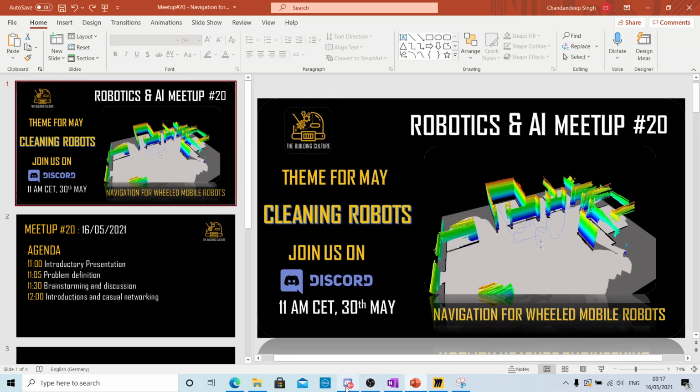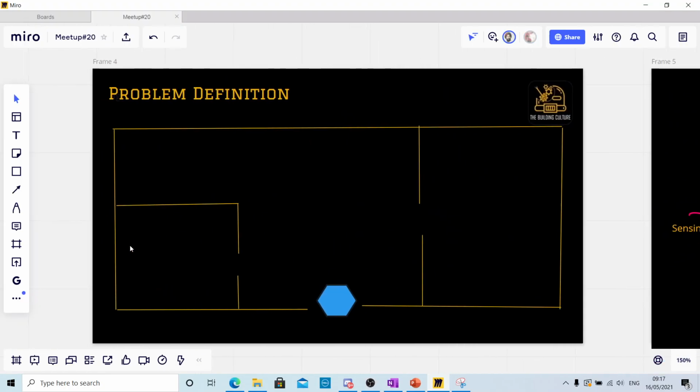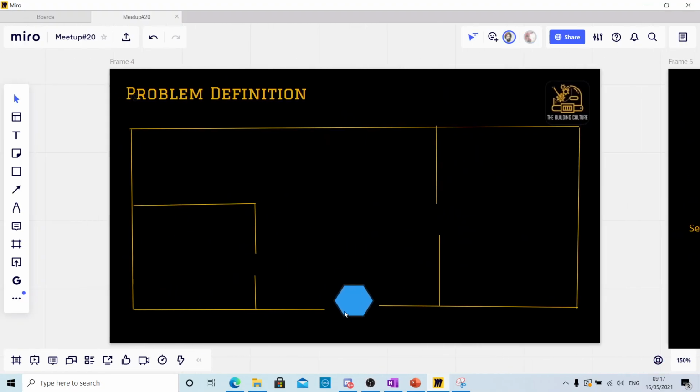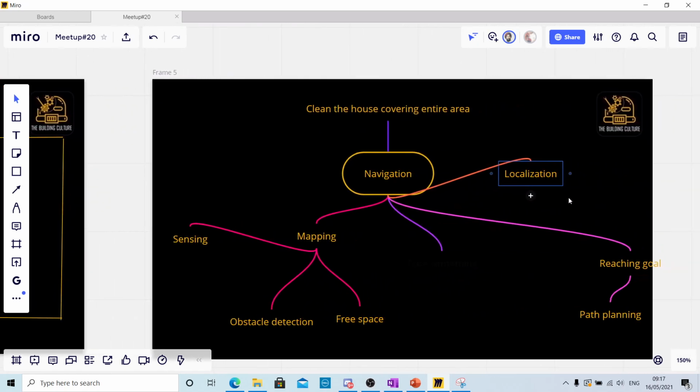So the task is actually to clean the room. The task problem is defined such that we have a Roomba, and the goal is that it has to clean the whole room, and for that we are tackling the navigation problem. And here we are talking about navigation in general, what is required if we as a human were to navigate through the whole room to clean.